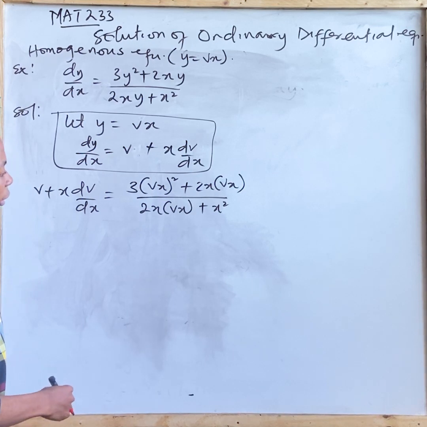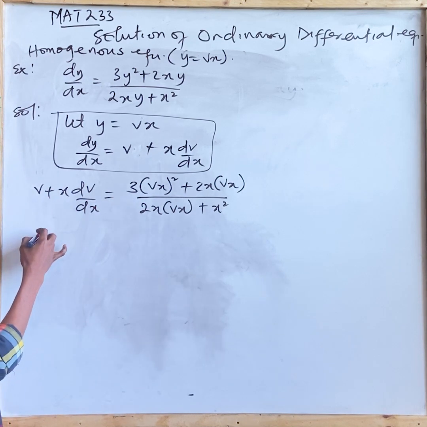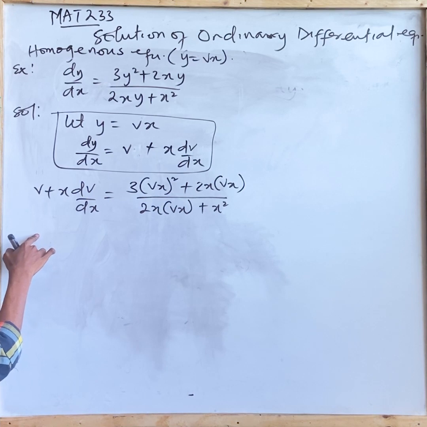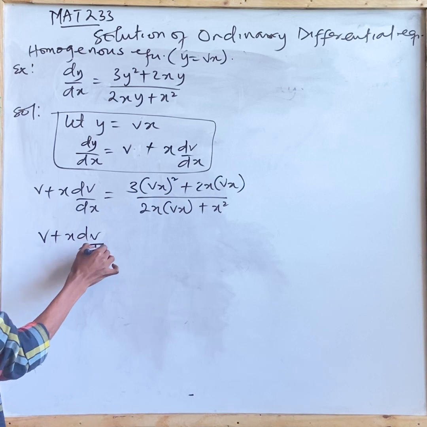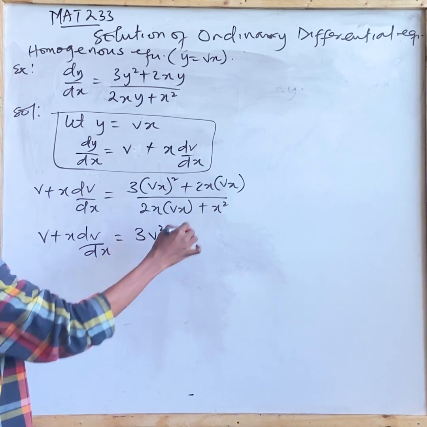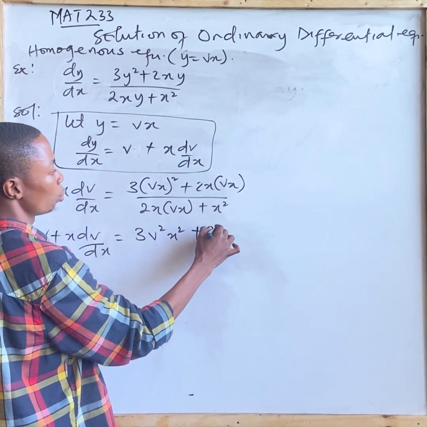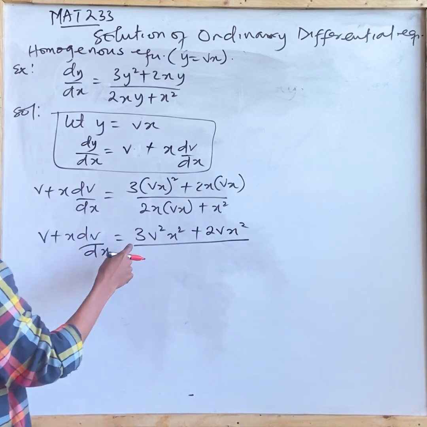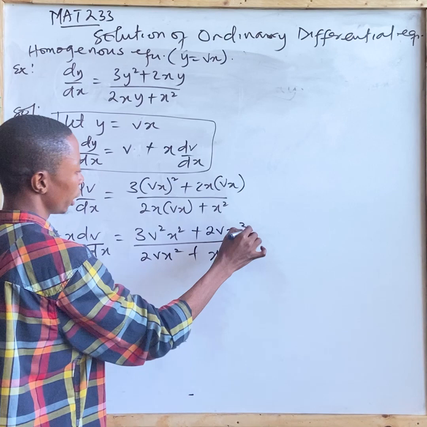You observe that the equation has been transformed from y to v and x now. So we then substitute and evaluate the rest. This will be v plus x dv/dx is equals to 3v squared x squared plus 2vx squared, all over 2vx squared plus x squared.